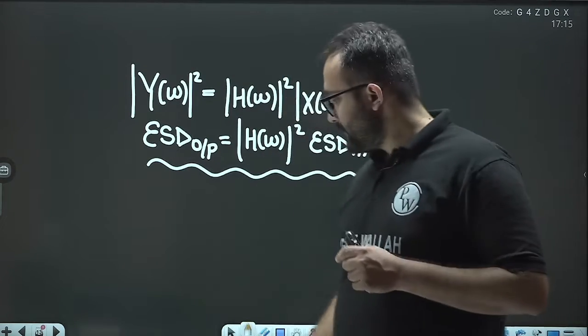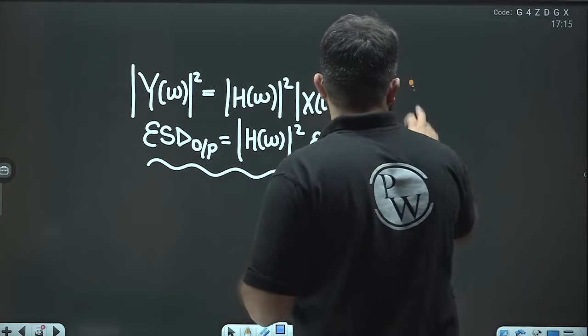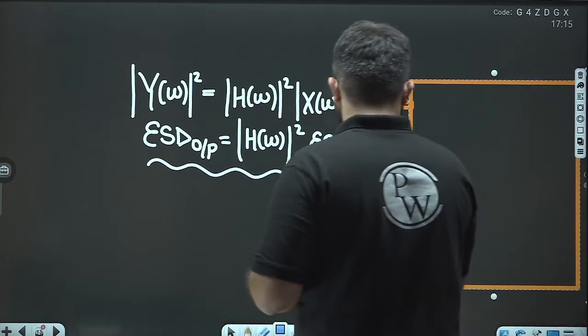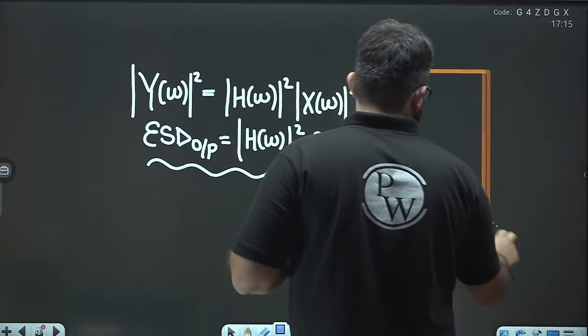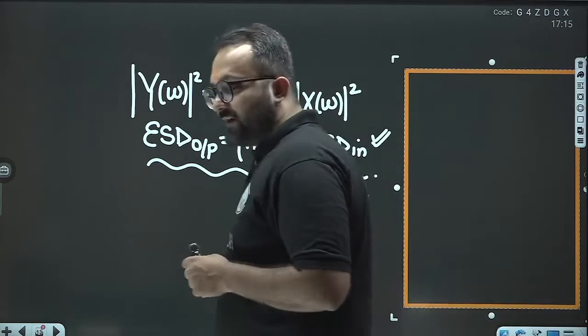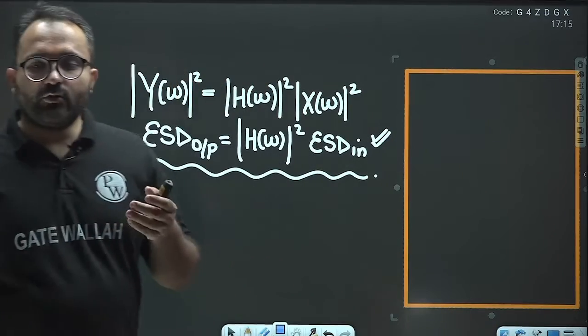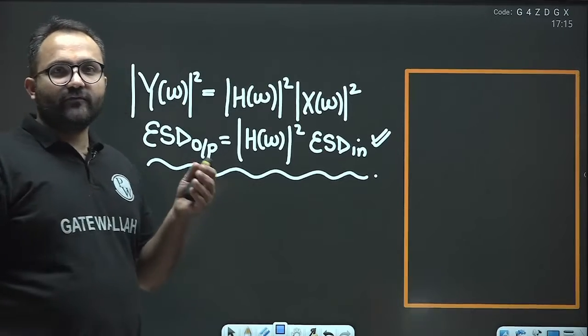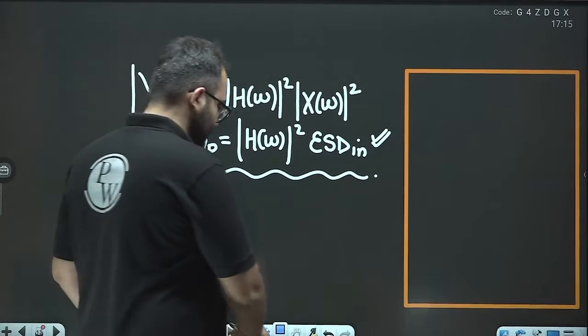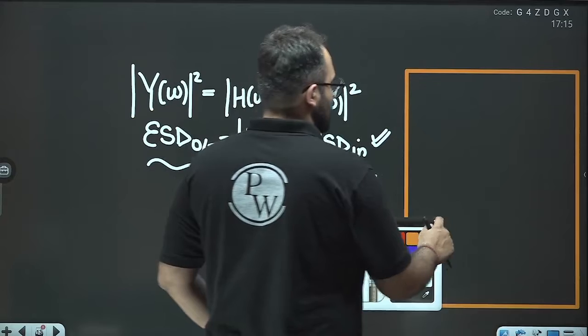Now, using Parseval's theorem we can find out the energy of a signal from its energy spectral density.